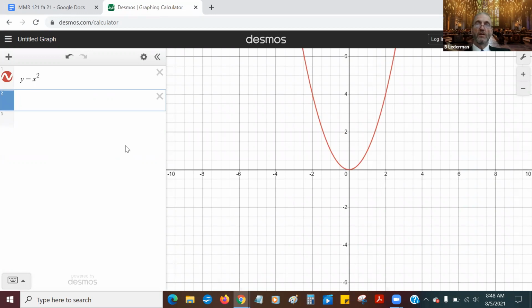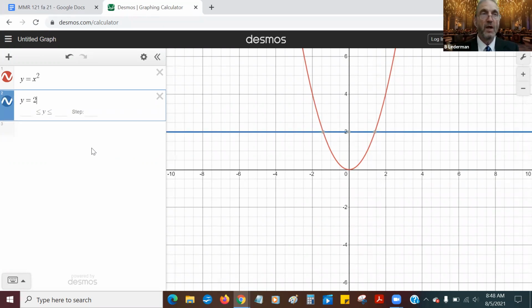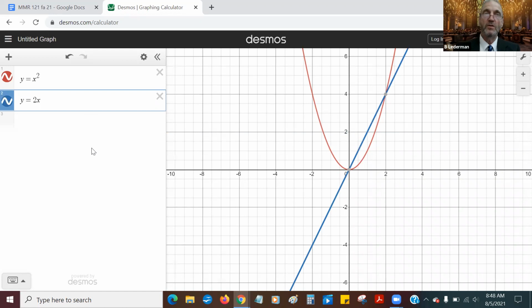Now I want to do y equals 2x. So this has a slope of 2, but if you notice, it's not tangent. So let's say I make it minus 1. Let's see if that does anything. Let's play around with this a little bit.